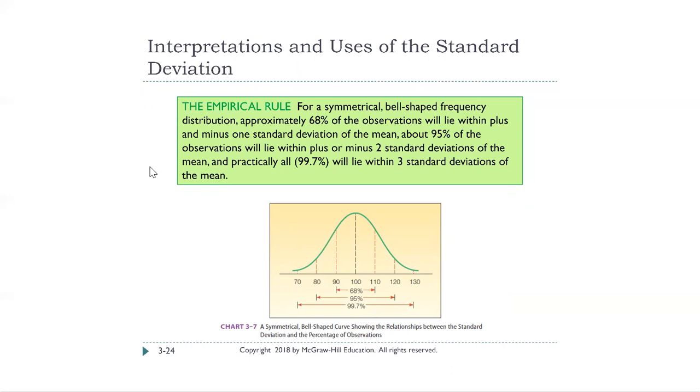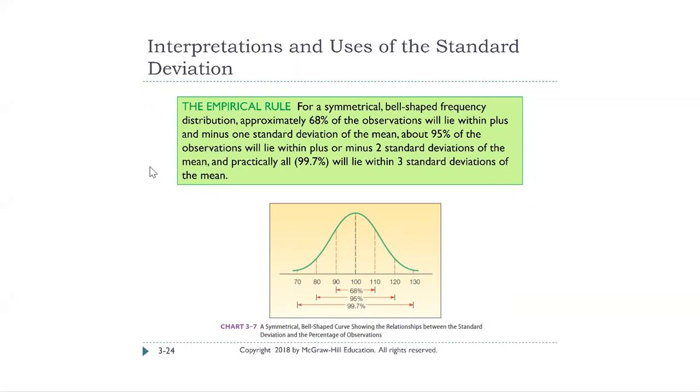The empirical rule is saying that if you give me a distribution that is both symmetrical and bell-shaped, so a bell curve, a normal distribution, we call them. We'll talk about this later. 68% of the observations lie within 1 standard deviation of the mean, and 95% of the observations lie within 2 standard deviations. So remember, Chebyshev said 75 for 2.